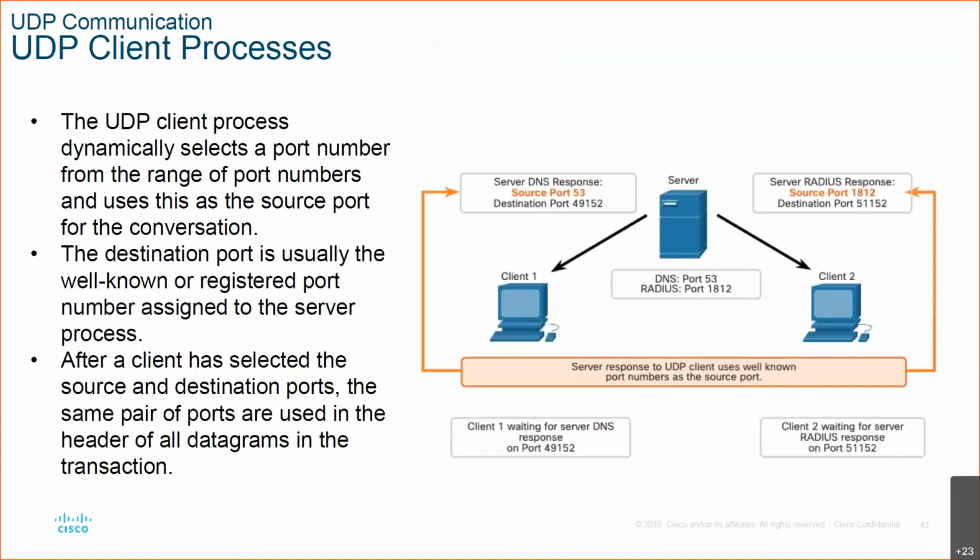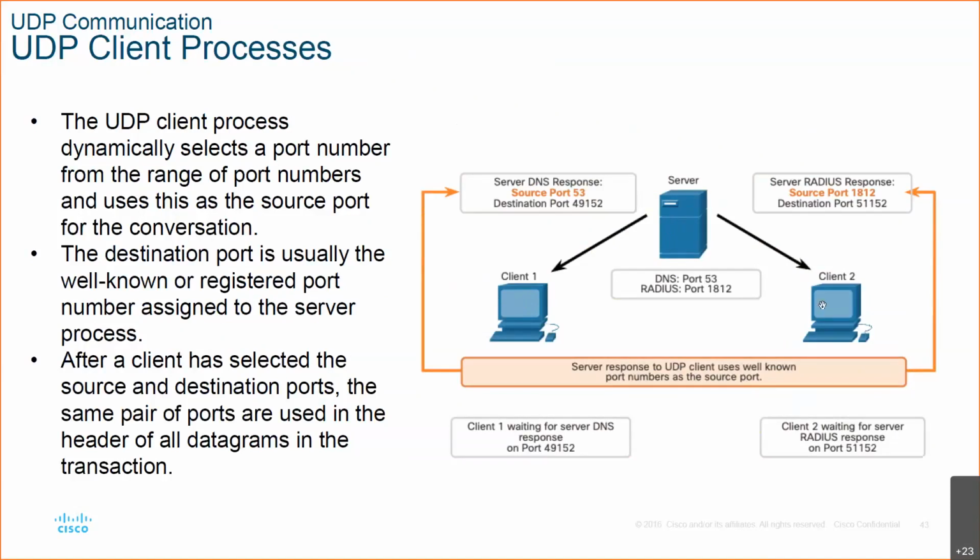So based on the different ports, your server can also generate UDP requests. This server on port 53 will give a DNS response for client 1 because it accessed server 1 and was trying to resolve a DNS name to an IP address.